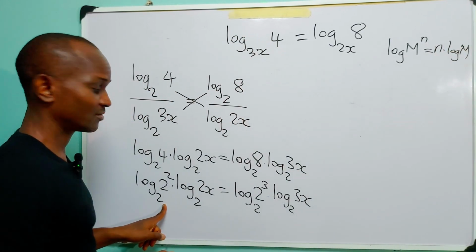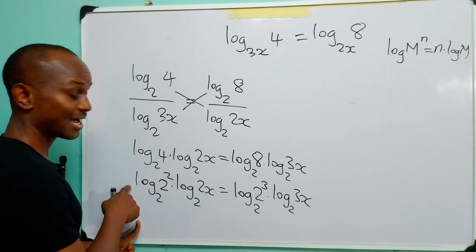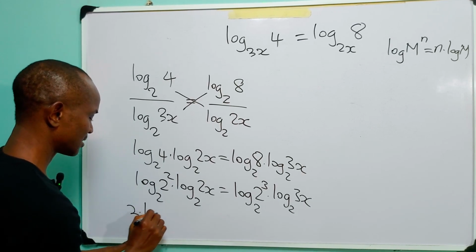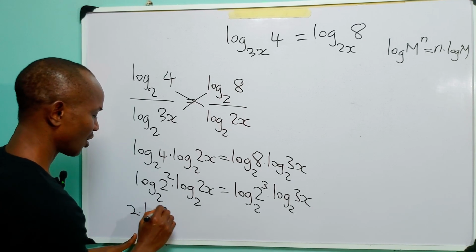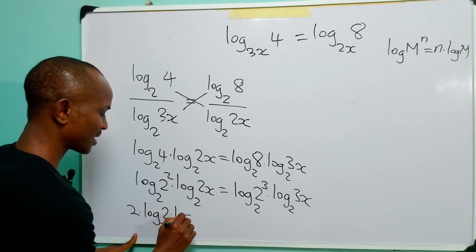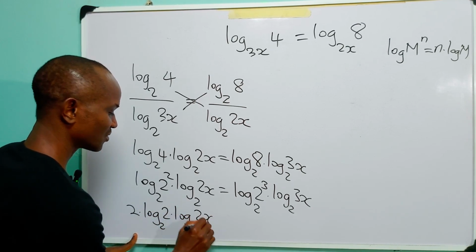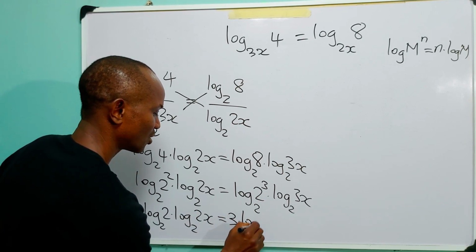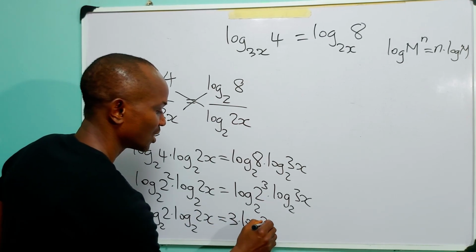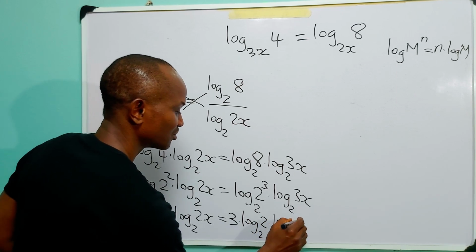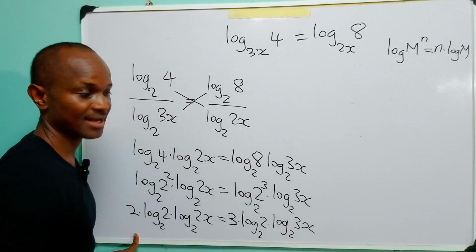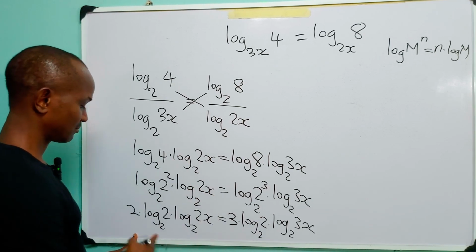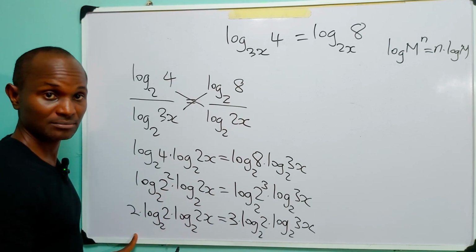So with this in mind, we can bring these two down to multiply, and that gives us 2 times log base 2 of 2 multiplied by log base 2 of 2x is equal to 3 times log base 2 of 2 multiplied by log base 2 of 3x. But then we know that log to base 2 of 2 is 1.